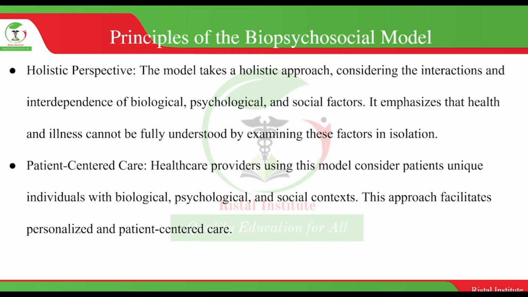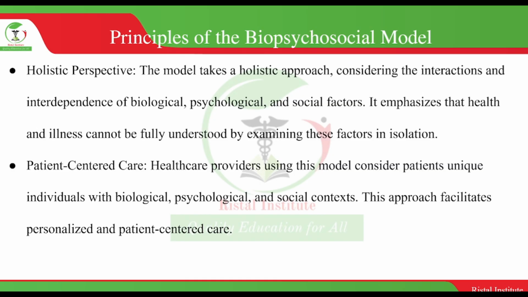So what does this biopsychosocial model basically tell us? One is that when we look at an individual, we do not only look at that person in isolation, we need to look at that person holistically. Okay, so we take into consideration the biological aspects, what is happening with this person as far as their physical health is concerned.